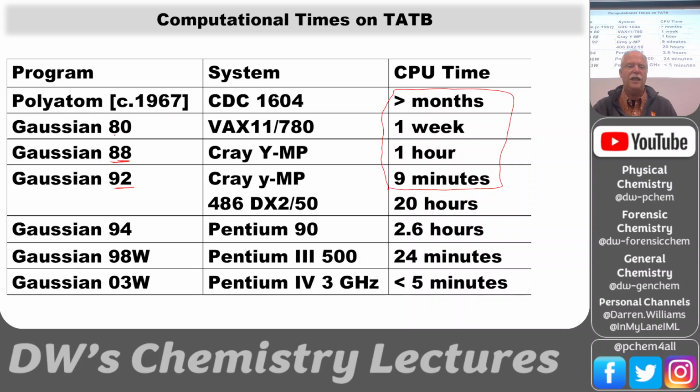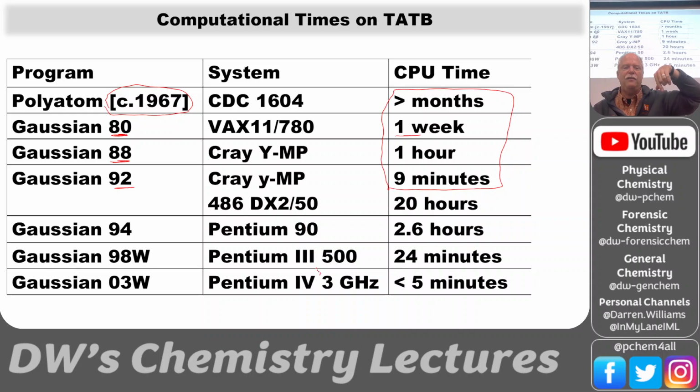Back in 1980, a VAX supercomputer took 1 week. And then Polyatom, the very first version of Gaussian, written in 1967 on a CDC 1604 mainframe computer, took more than several months.